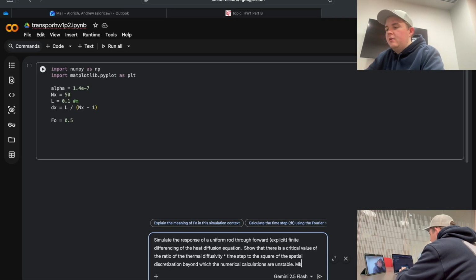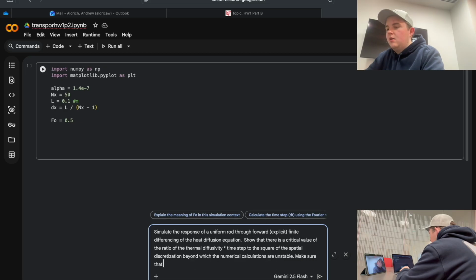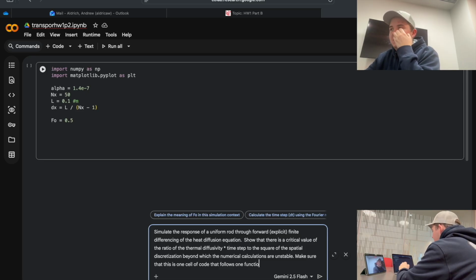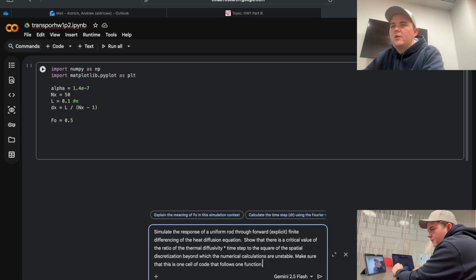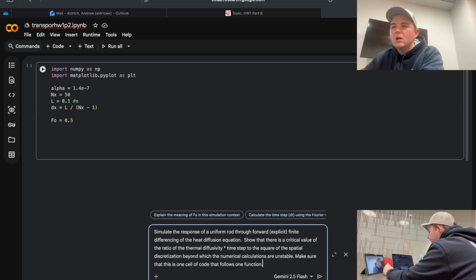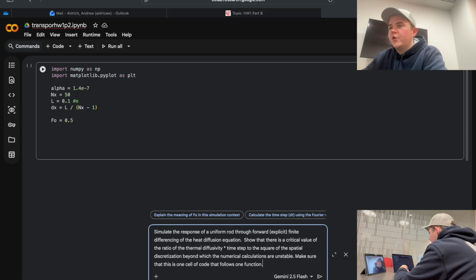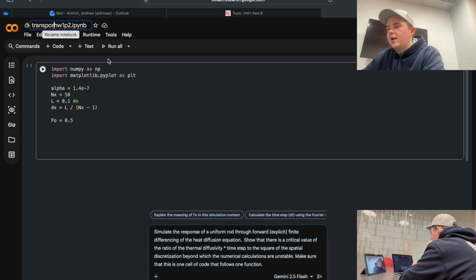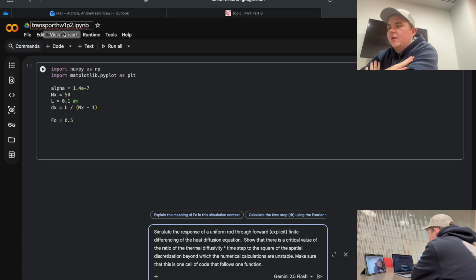Make sure that this is one cell of code that follows one function. What I've seen in the past is Gemini likes to overdo a lot of stuff and go all out, and a lot of it I can't even comprehend. So hopefully it gives us something, and we're going to run that quick.